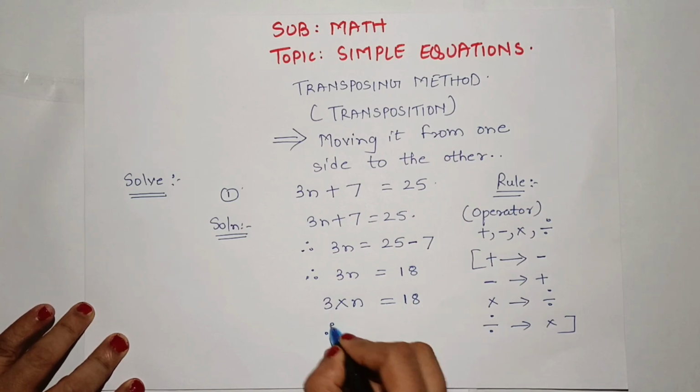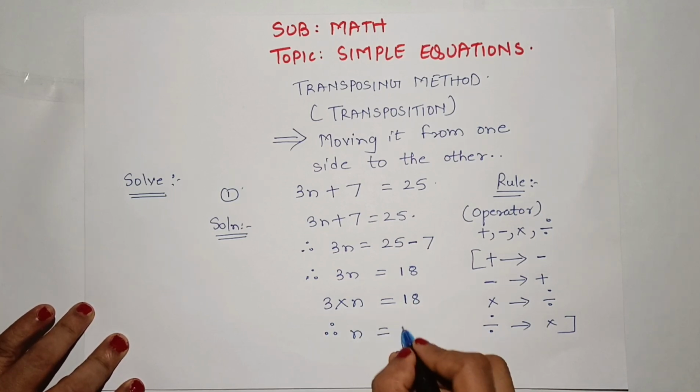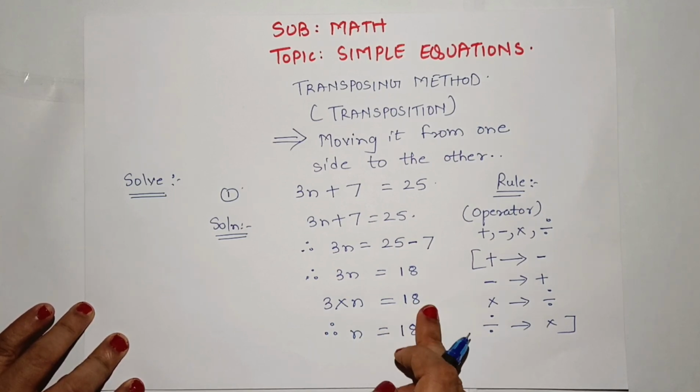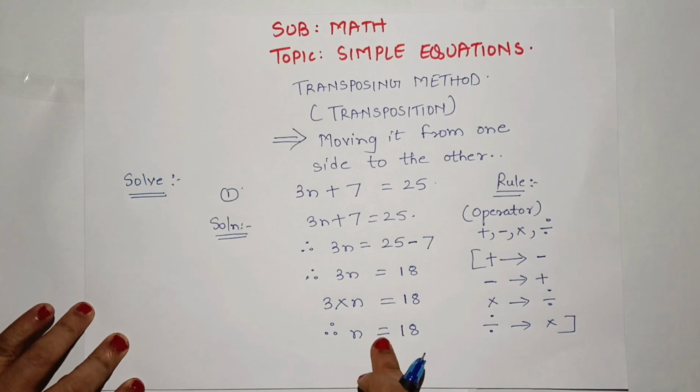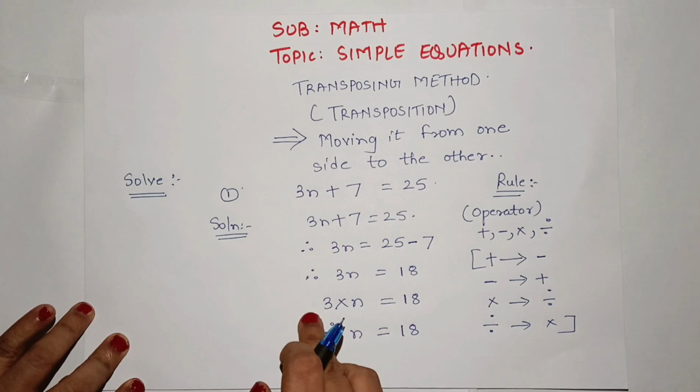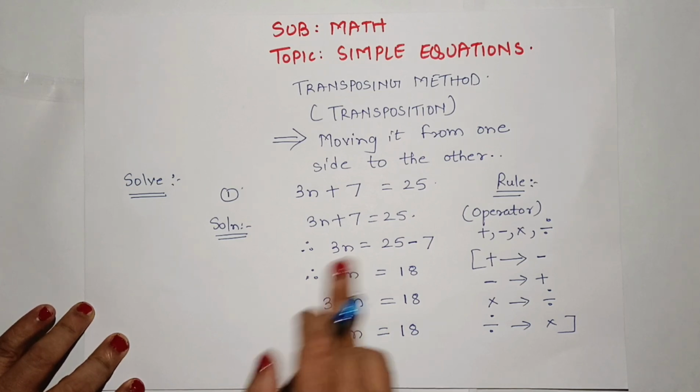Now you have to find only the n value. It means write down the number which is towards the right, after the equal to, whatever number is there, whether it is a positive integer, negative integer, fraction, and so on. After that you have to shift from one side to the other.